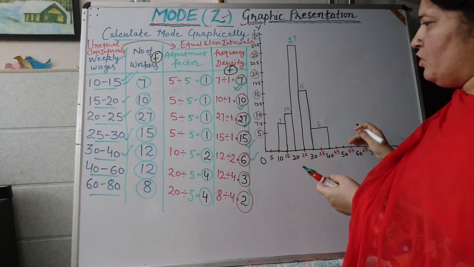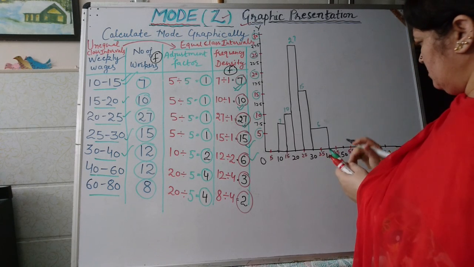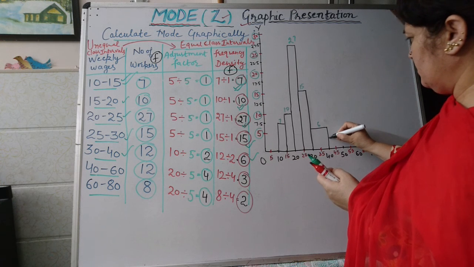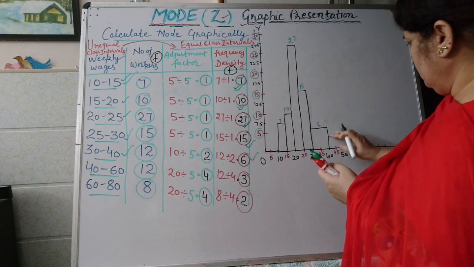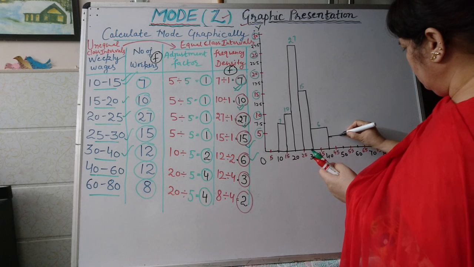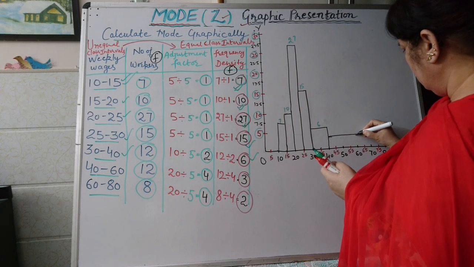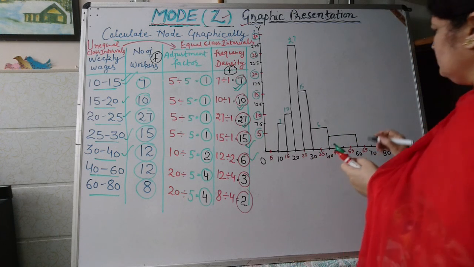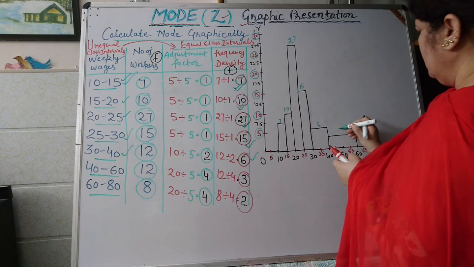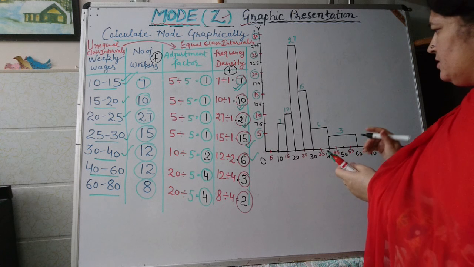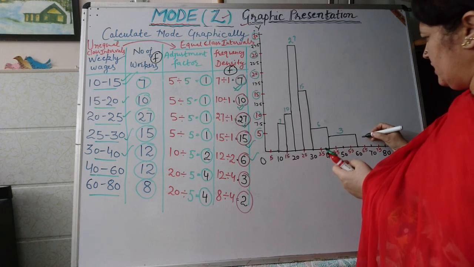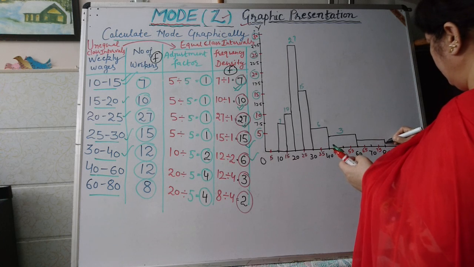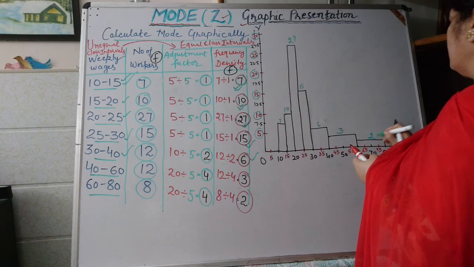Next, the 40 to 60 class interval and frequency is 3. Next, the 60 to 80 class interval and frequency is 2.